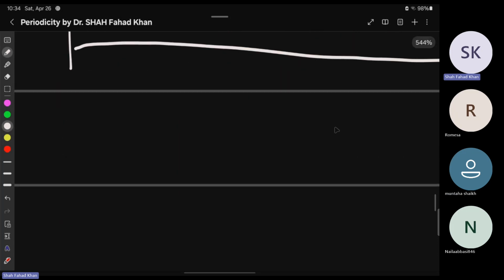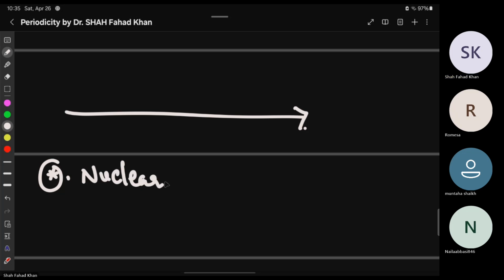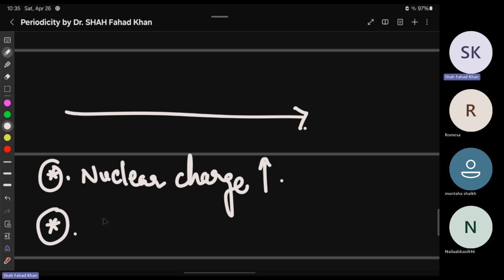Let's move on to explaining the trend across the period. Across the period, the nuclear charge is increasing. But since the period number remains constant, the number of shells is constant, right?